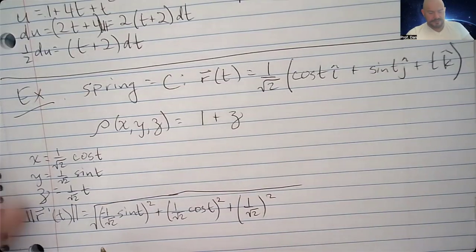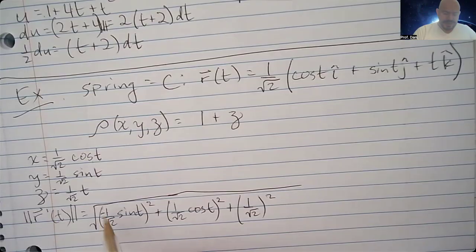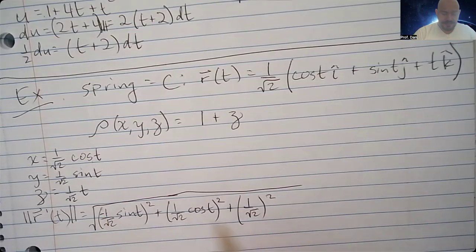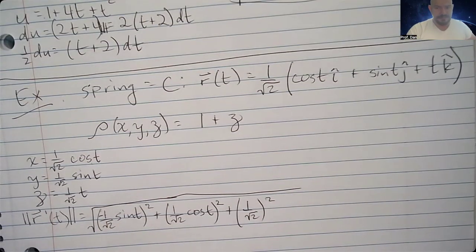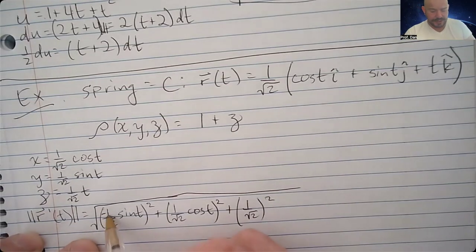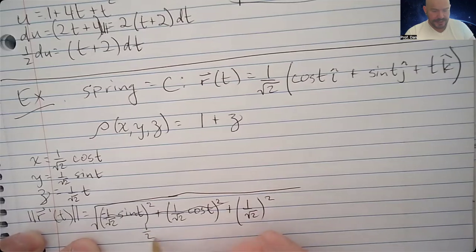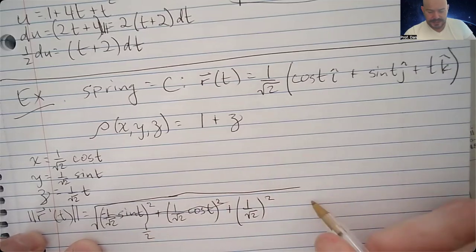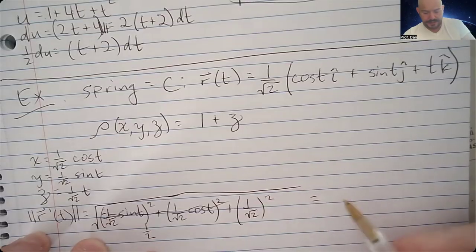So when I do that, here's what's going to happen. I'm going to get 1/2 sine squared t plus 1/2 cosine squared t. By now, we should know that we're going to factor that 1/2 out and make it our Pythagorean identity. So this whole thing is going to end up just being 1/2. And then when I square 1 over square root 2, I get 1/2.